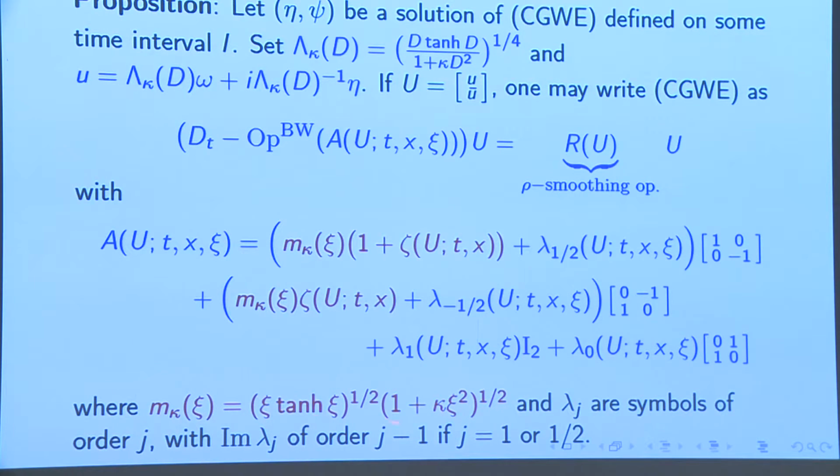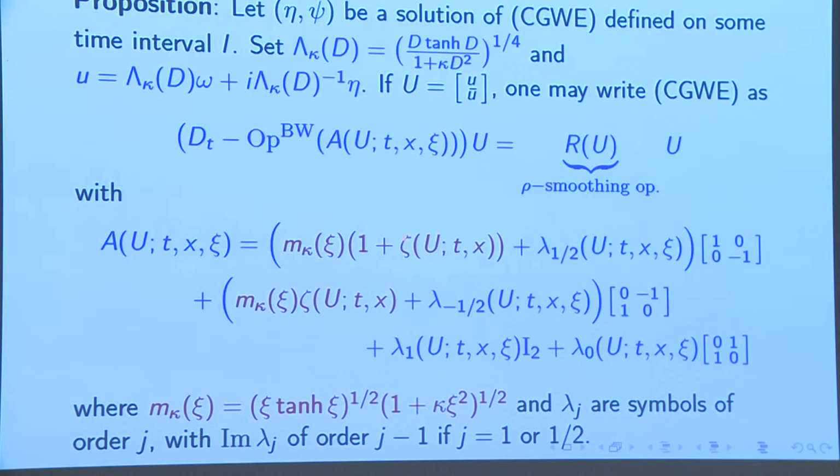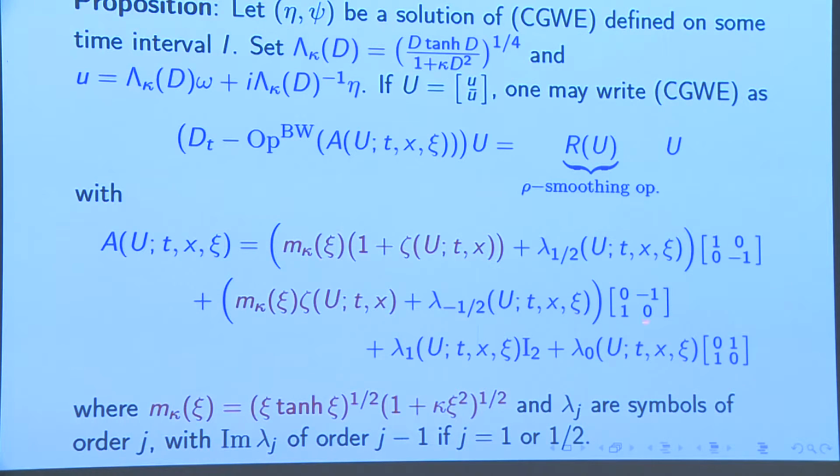So this is a symbol of order 3/2, which is multiplied by 1 plus zeta of u, dx psi, zeta being some real valued function, multiplied by this matrix, 1, 0, 0, minus 1. And you have also another contribution of order 3/2, m kappa zeta, multiplied by a matrix 0, minus 1, 1, 0.